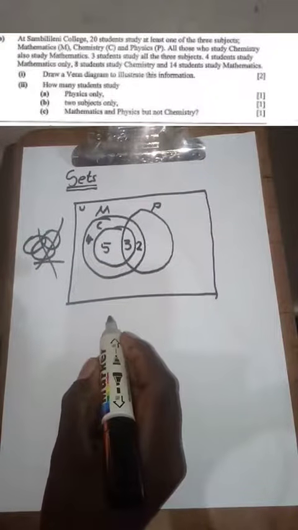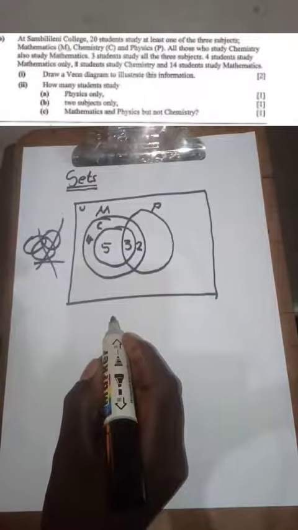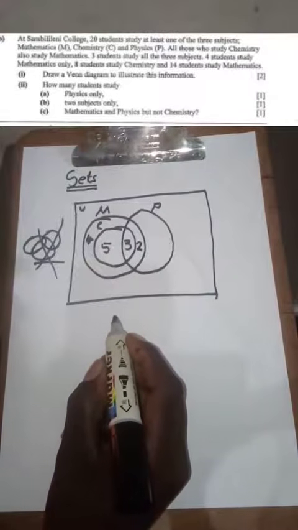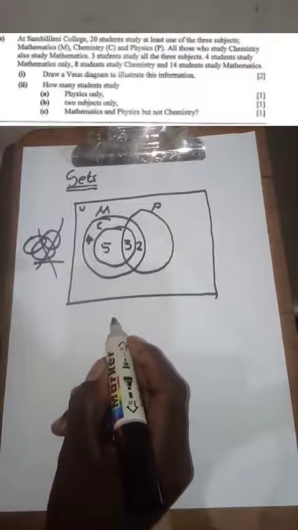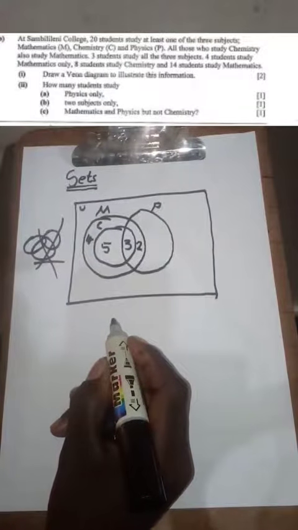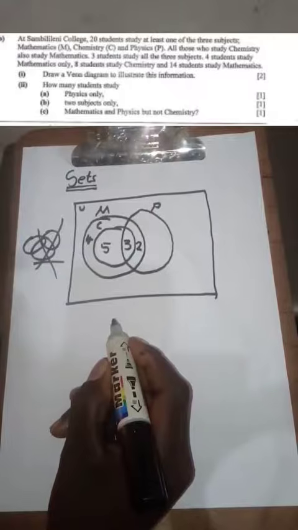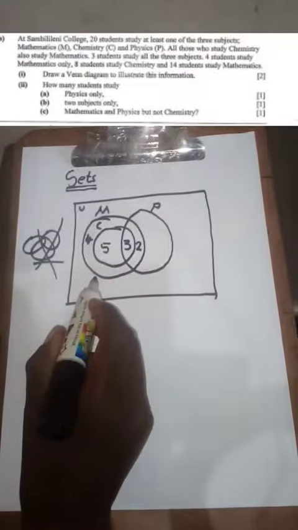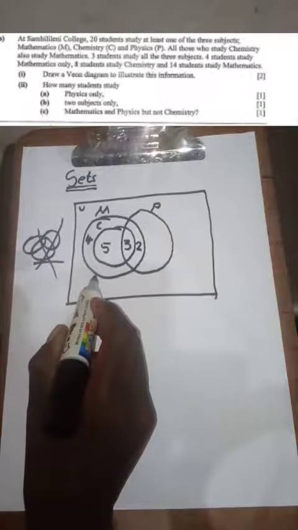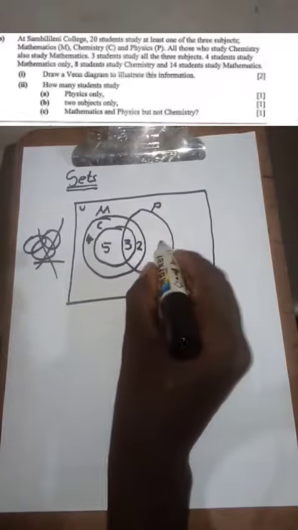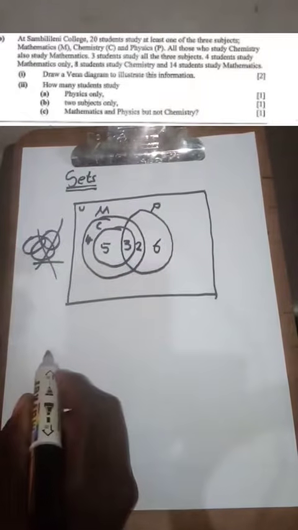Then keep one thing in mind: we have a total of 20 students, and there is no point that says there are students who don't study any subject, meaning among all the 20 students, each and every one of them studies at least one. So if we make a total, this gives us 14. This is 5, 5, 4, 14. So we remain with 6 right there.